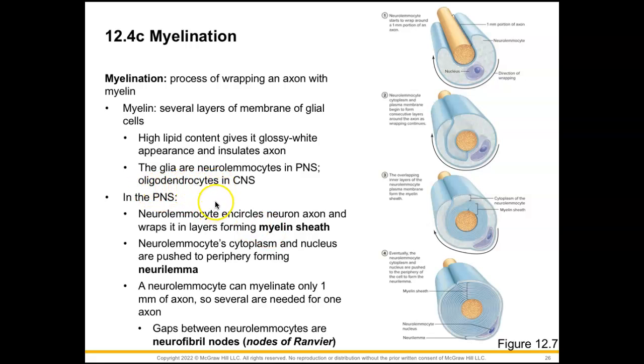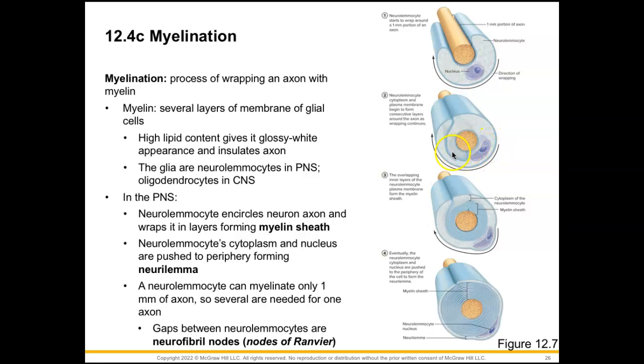So first, let's talk about those Lemmocytes in the PNS. It's going to encircle the neuron's axon and wrap it in layers, forming that myelin sheath. The Lemmocyte's cytoplasm and the nucleus are going to be pushed to the periphery.